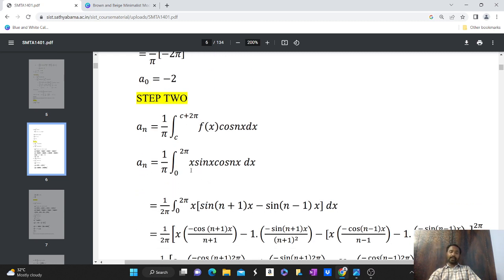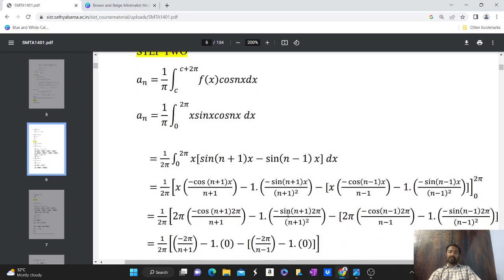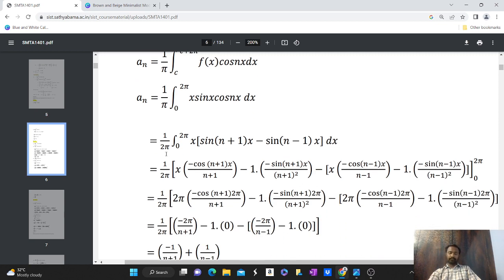So as usual, integral of x sin x cos nx dx. Here the term is x sin x cos nx. So here we substitute the trigonometric formula: cos a sin b is sin a plus b minus sin a minus b divided by 2.